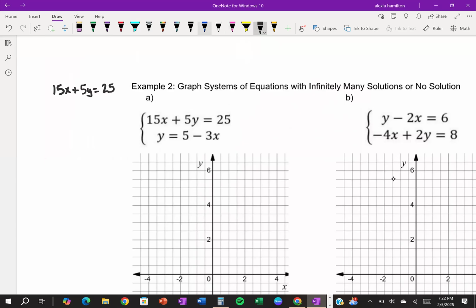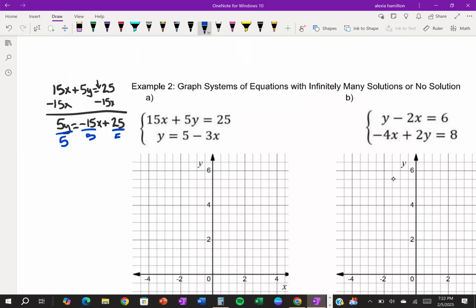I'm going to subtract 15x from both sides, which really is just going to put it in between. I'm going to move that 25 down. So 5y is equal to -15x. And that 25 is positive. How do I know? There's nothing in front of it. So plus 25.